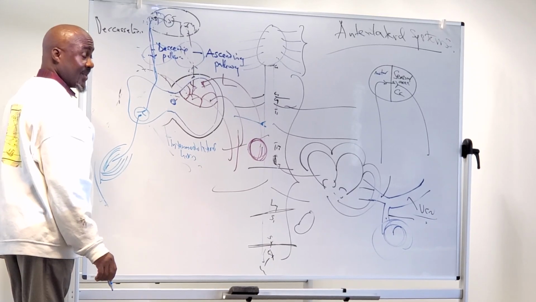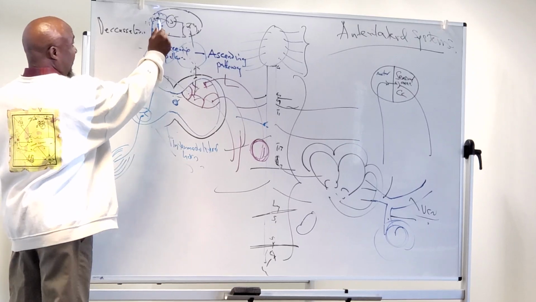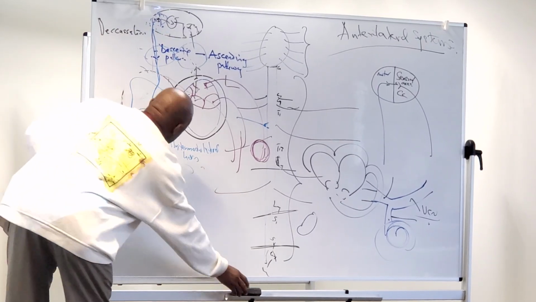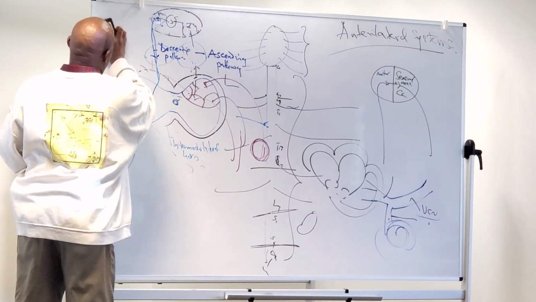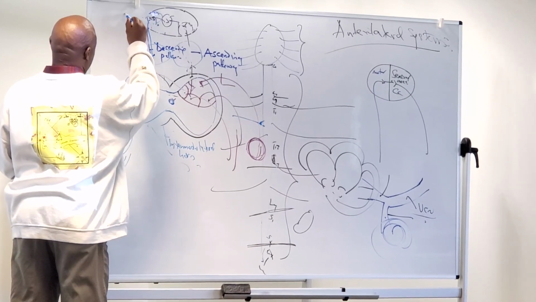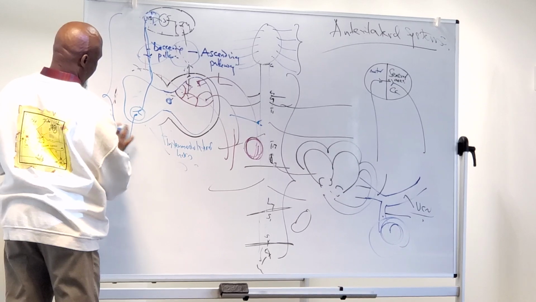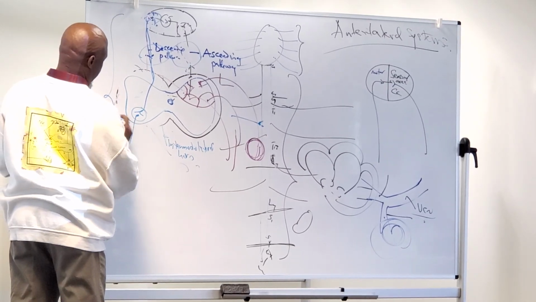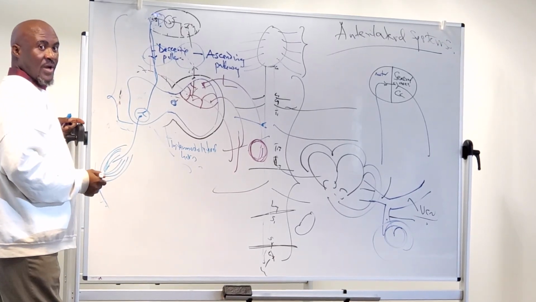We're going to divide the descending pathway into two. From here to here belongs to the central nervous system, right?